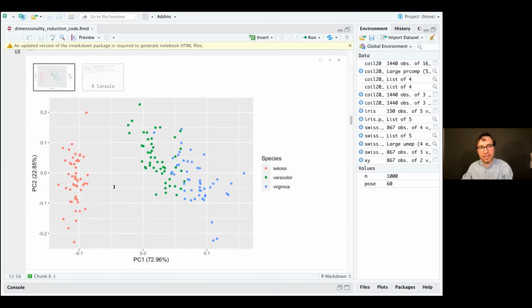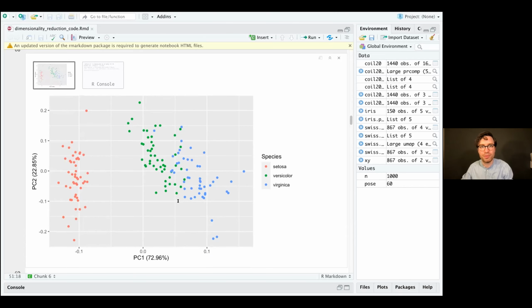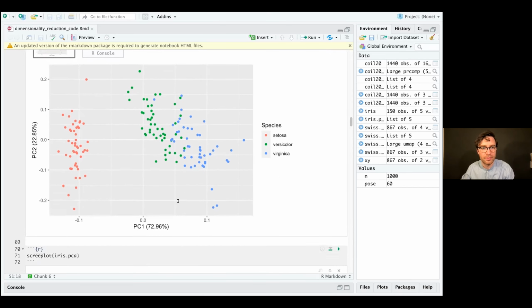And this is how the data looks now in the direction of principal components 1 and 2. What you can observe is that across principal component 1, that's the main direction which discriminates between the species. You can also see that Setosa is very different from versicolor and virginica, and it's hard to actually draw a boundary between those, just based on the measurements.